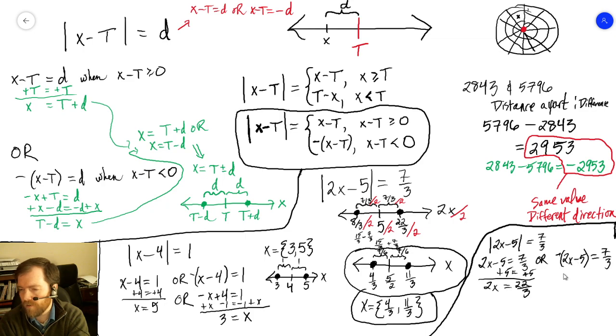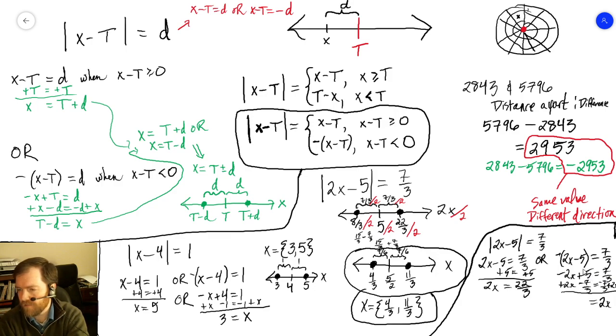Or this is now going to be a negative 2x plus 5 equals 7/3. Add 2x and subtract 7/3. Okay, now we get a 2x on the right is equal to 5 minus 7/3.